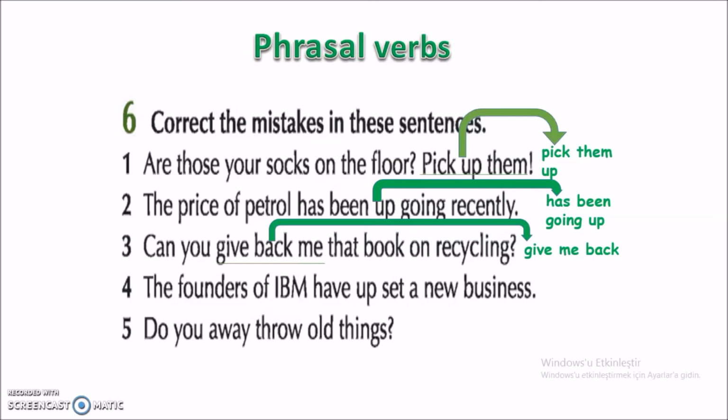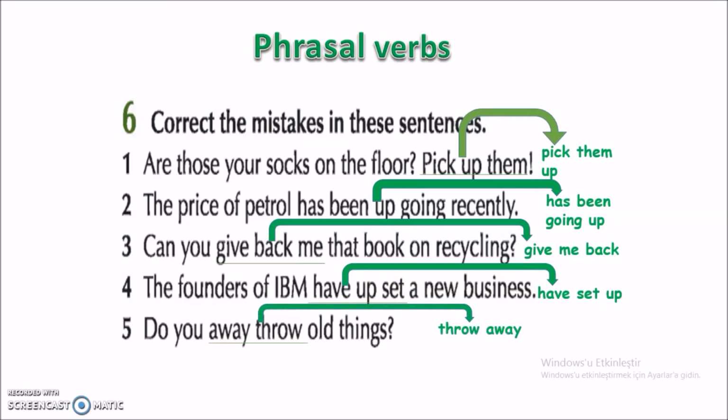Another order problem because the phrasal verb is set up, so we should change the order to have set up. Last one, do you away throw all things? Away throw? No. What is the main verb? It should be like throw away. This is the correct phrasal verb form. Okay?